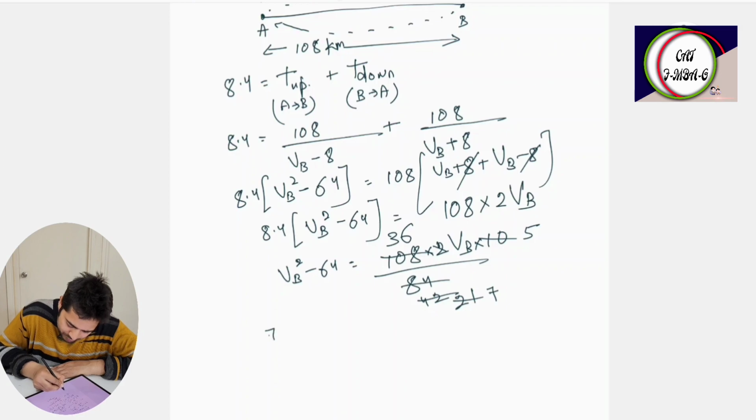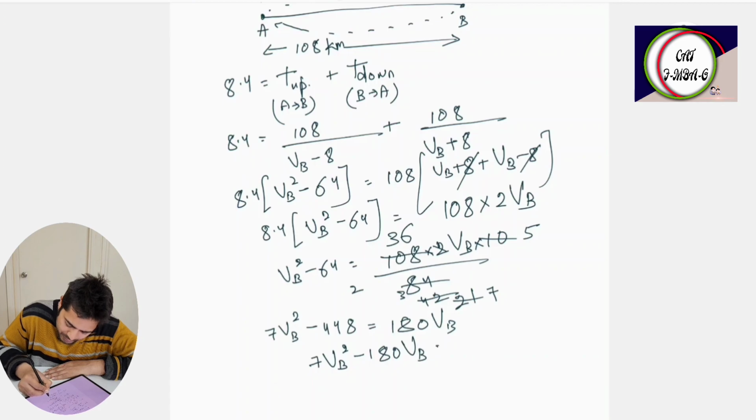Okay. So 7 VB square minus 448 is equal to 1080 VB. So 7 VB square minus 180 VB minus 448 is equal to 0.